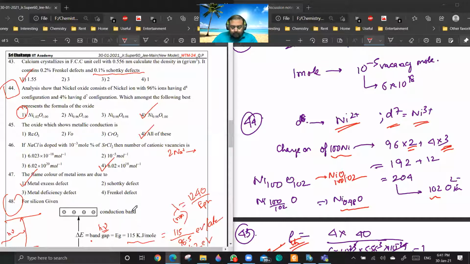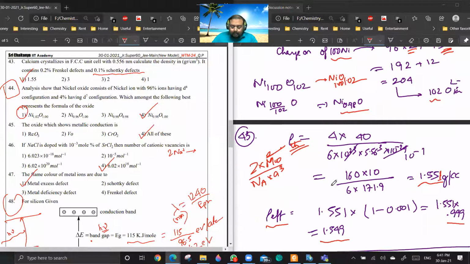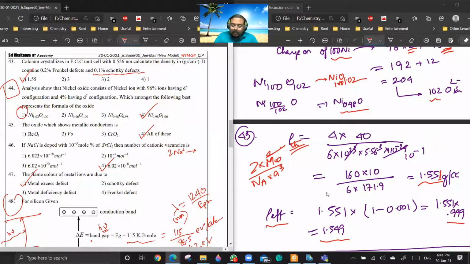So 46. You see, when you are adding Sr2+, 2 Na+ will be replaced by 1 Sr2+ and 1 cationic vacancy. Are you getting a point? Yes. Okay. So basically, the number of Sr2+ will be equal to the number of cationic vacancies. Is it clear?